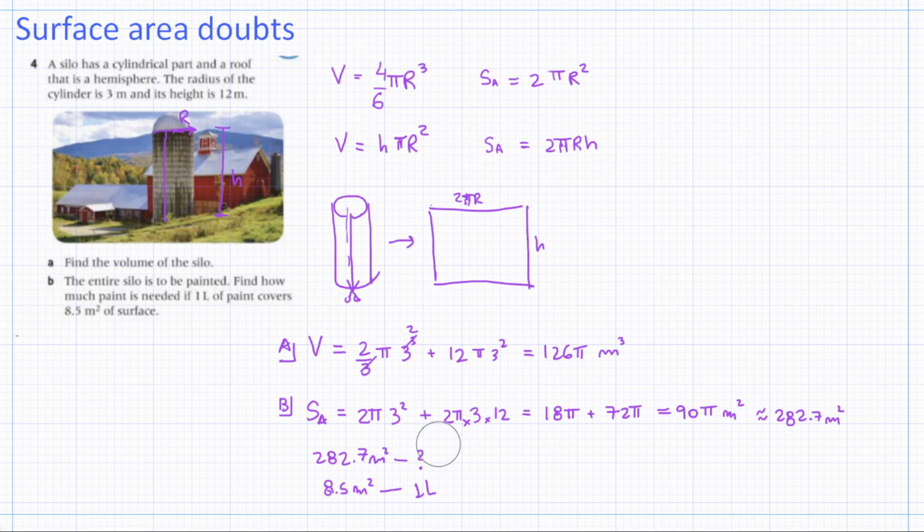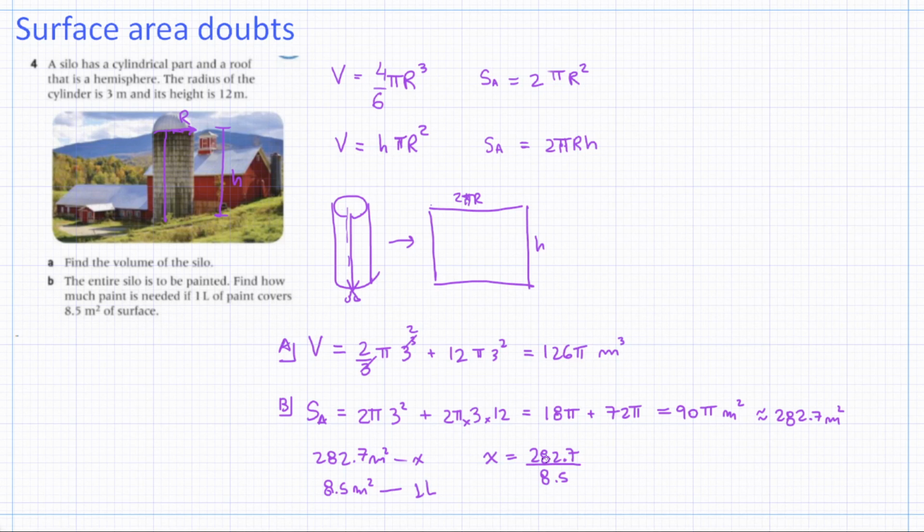So that's our question. We can just take an unknown, a variable, and then solve this for x. So x would be 282.7 divided by 8.5. So it's basically how many times can I fit 8.5 into 282.